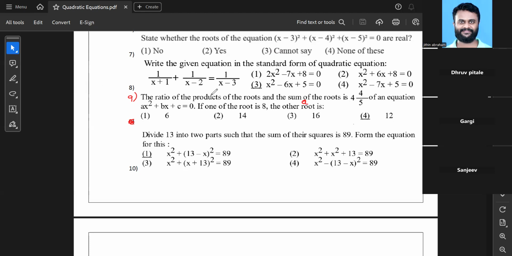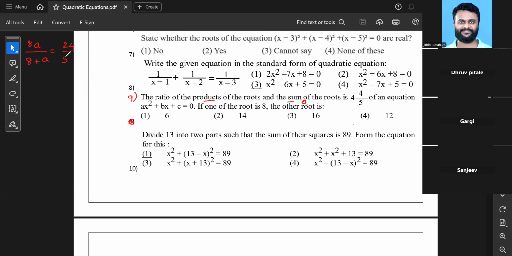This is the ratio of product and sum. So the product is what? a multiplied by 8. That is 8a. Divided by the sum of the roots, that is 8 plus a, is equal to this particular mixed fraction. Now let me convert it into a normal fraction. That will be 24 divided by 5.